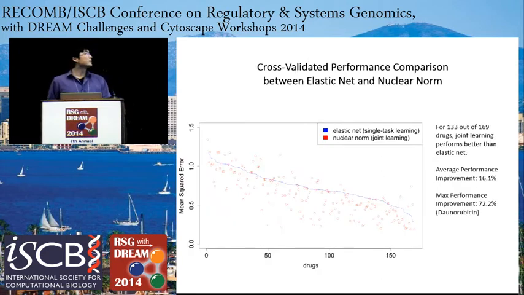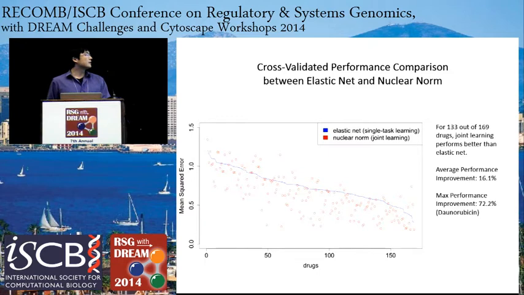Again, this figure shows the cross-validated performance comparison between ElasticNet and nuclear norm in mean squared error. The blue line is the mean squared error for the drugs learned from ElasticNet, single-task learning, joined together. And the red dots are the mean squared error for the drugs learned from nuclear norm.